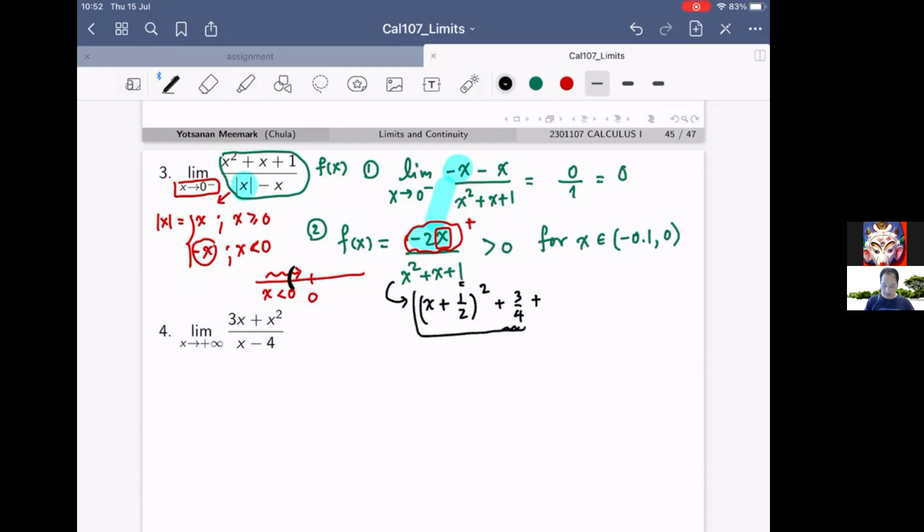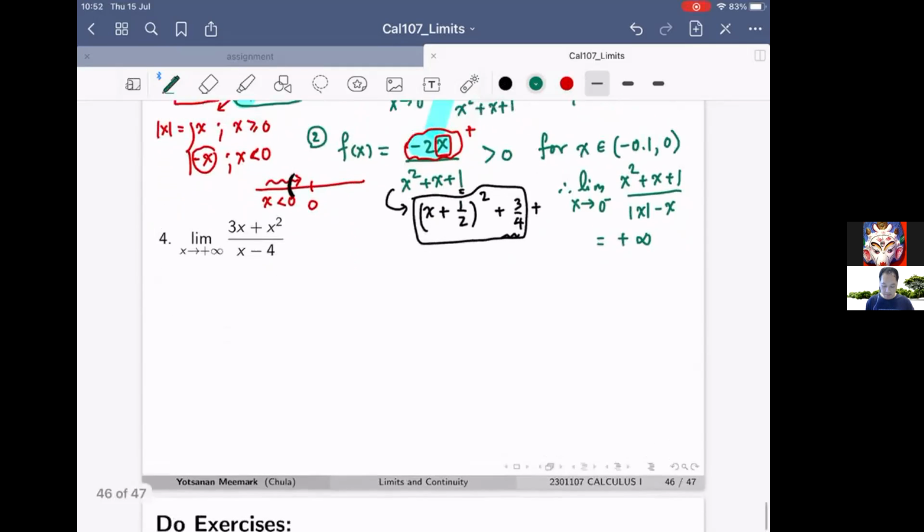This one is positive. All right, so it means that the limit as your x goes to 0 on the left of this one, it will go to positive infinity. It will go to positive infinity.